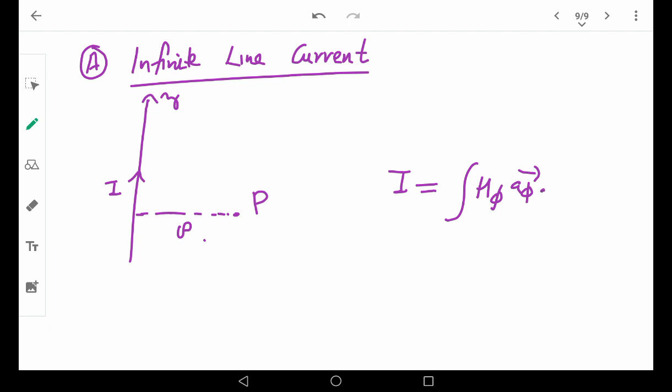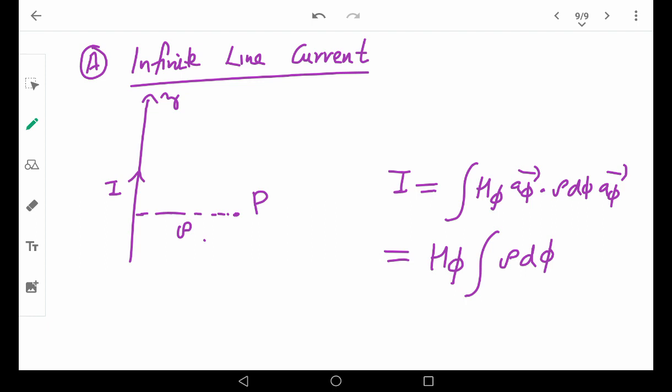H phi A phi is the direction of the magnetic field, and the differential length dl along that circular closed path is given by rho d phi, and that direction is again A phi. Clear? So you can take H phi, which is a constant, outside, and A phi dot A phi gives one.